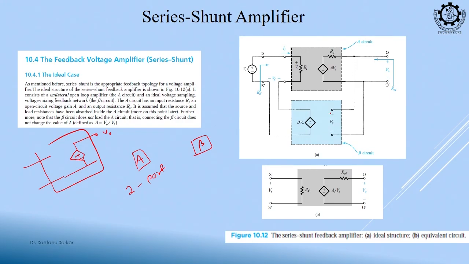So, in beta you see we have put the exact same thing, but in a flipped way, right. This is my input for the main amplifier, right. For the feedback network this is my input, this is my output. This is flipped, right, you understand that. The feedback network takes this as an input and gives this as an output.